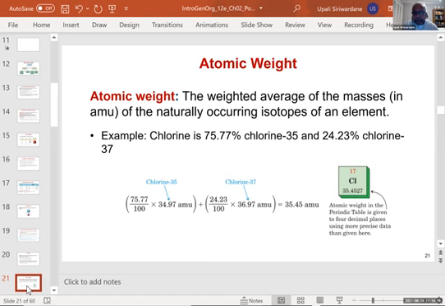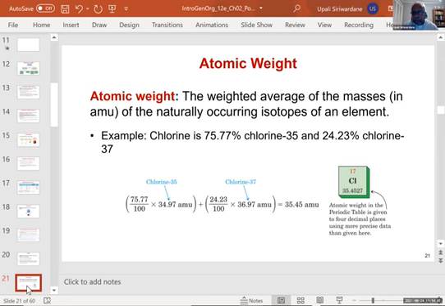So we get the answer rounded off to 4 significant digits, 35.45 in this case.